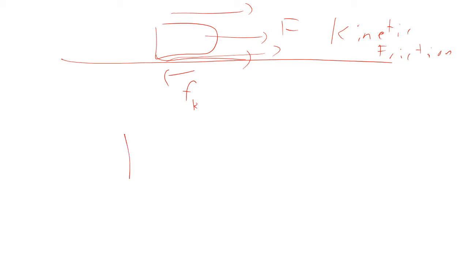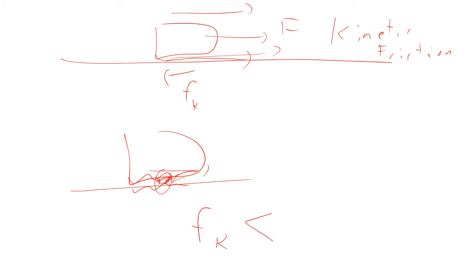Now, what happens at the microscopic level, where these surfaces are moving past, is they don't get a chance to lock in as well. And so the coefficient of kinetic friction tends to almost always be smaller than the coefficient of static friction. And it works the same way.